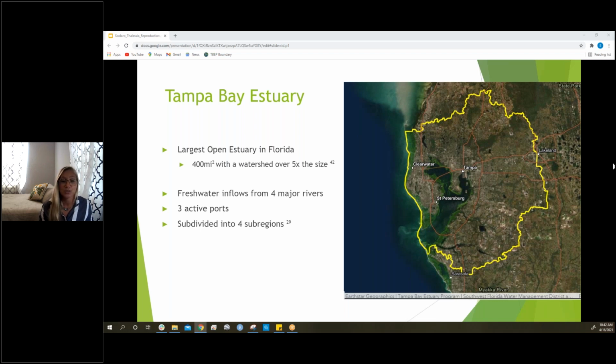Tampa Bay is home to 3 active ports, which we all are very familiar with now. And there's a deep water channel connecting them to the Gulf of Mexico. Similar to other estuaries in the region, Tampa Bay is often broken up into 4 subregions that Chris was explaining earlier: Old Tampa Bay, Hillsborough Bay, Middle Tampa Bay, and Lower Tampa Bay.